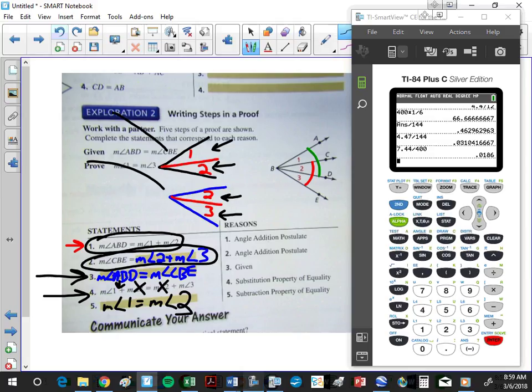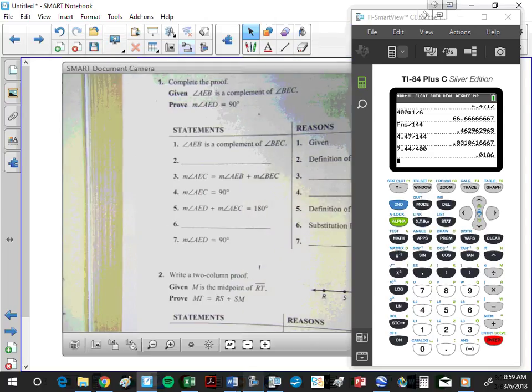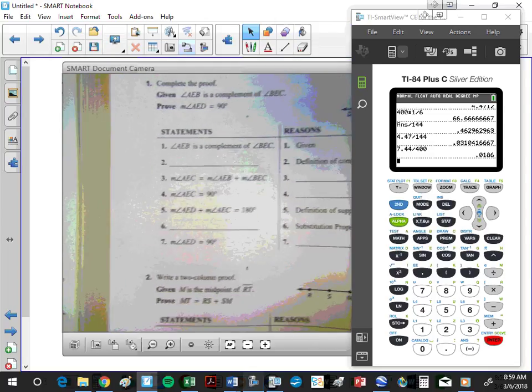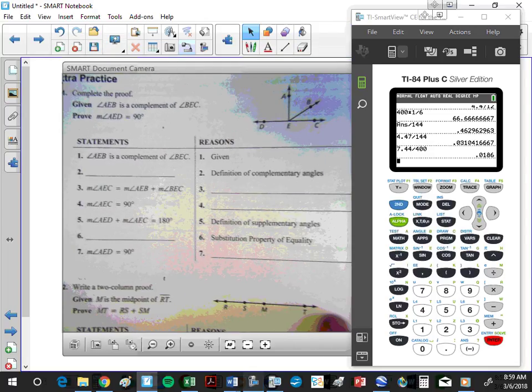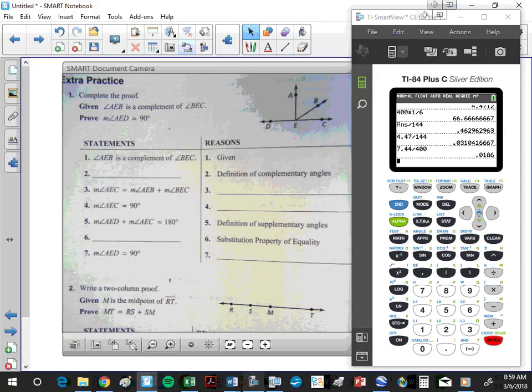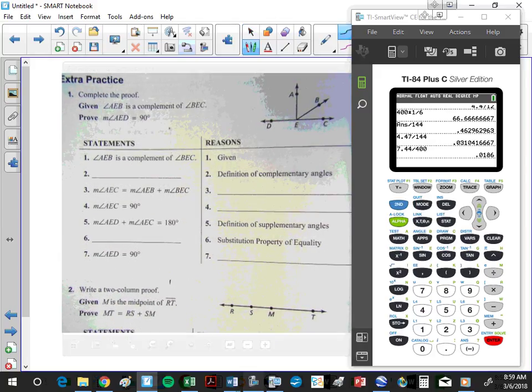Okay. Go to page 190 in your workbook. And we have this. Here's another proof to practice. So, complete the proof. Given angle AEB is a complement of BEC.